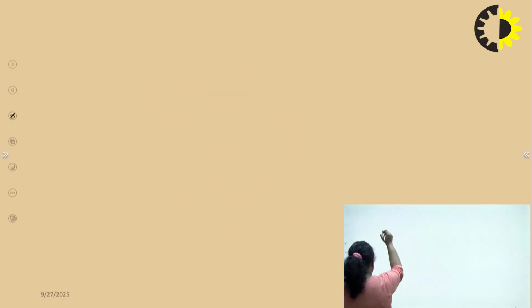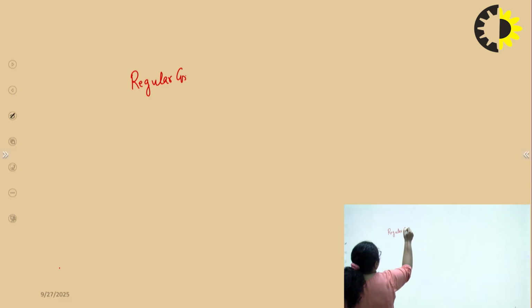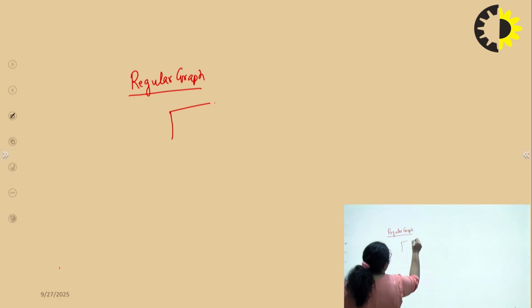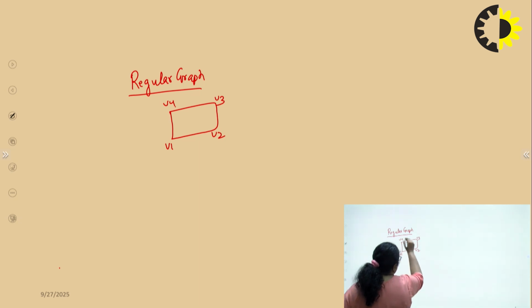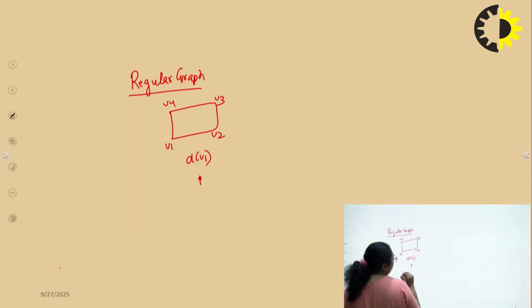So regular graph. This is a regular graph: a graph in which all vertices are of equal degree. If we look at the degree, meaning the number of edges incident on a vertex, the degree of V1 is 2.